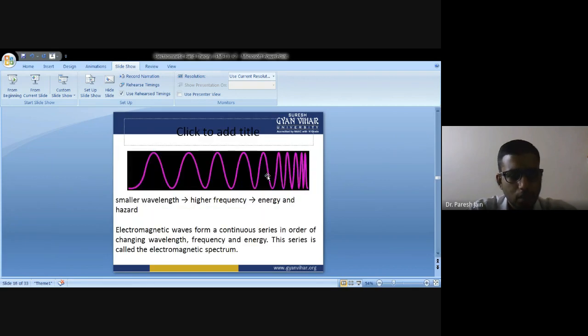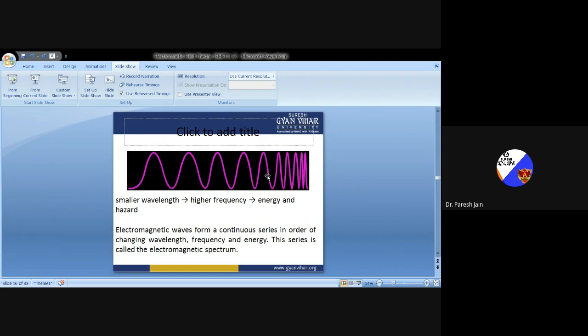This is the representation of the frequency waves, how the waves go from high frequency to low frequency and low frequency to high frequency.